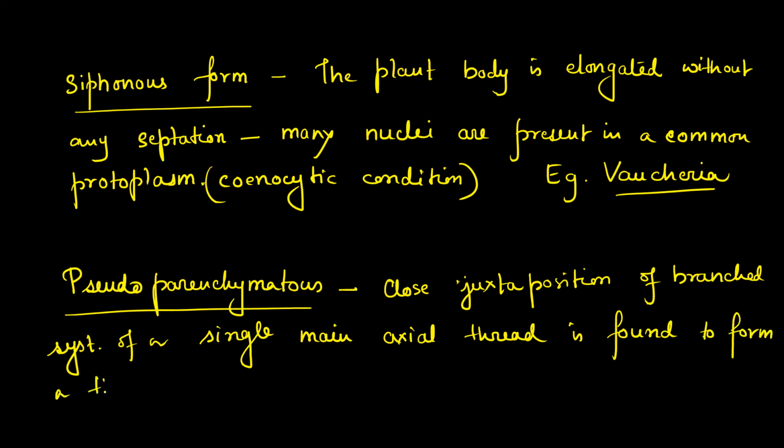So what is it actually? The plant body consists of one main pseudoparenchymatous axis and all others are side branches, correct? This can be uniaxial type, multiaxial type, okay?